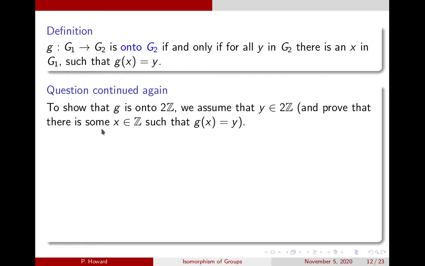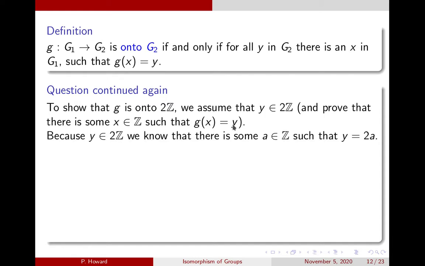We have to prove that there is some x in the set of integers which g matches with this even integer y. Well, the first thing to note is that because y is an even integer, we know there's some integer a for which y equals 2a.